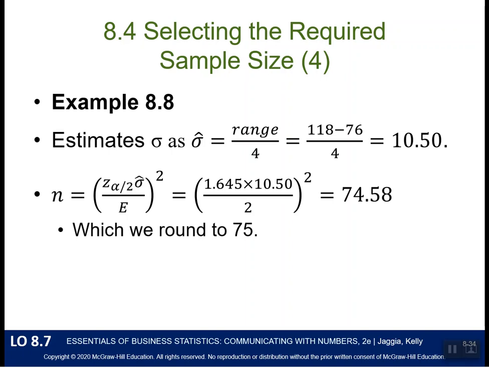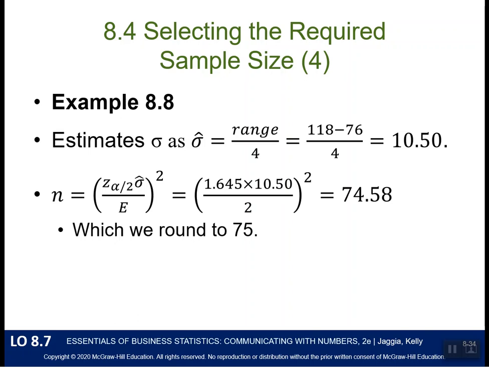So then we can calculate our sample size by plugging this in. So at a 90% confidence interval, remember our z-score is 1.645 because that's 5% in each tail, multiplied by our estimate of the population standard deviation of 10.5 divided by 2, which was our desired margin of error, 2 miles per gallon. All of that squared, we get 74.58. This is our sample size.